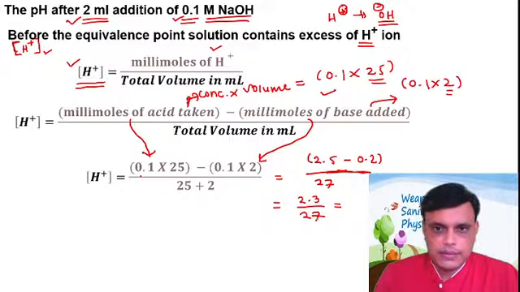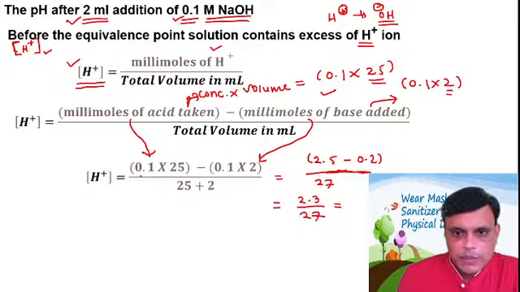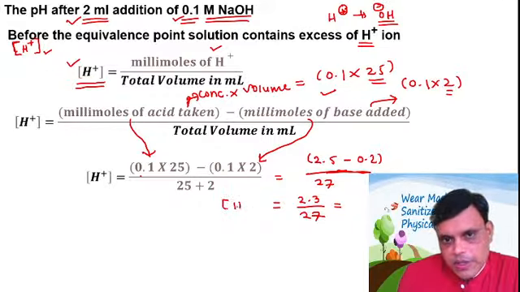How much is this? 2.3 divided by 27 is 8.5 into 10 raised to minus 2. So this is your concentration of H plus ion.